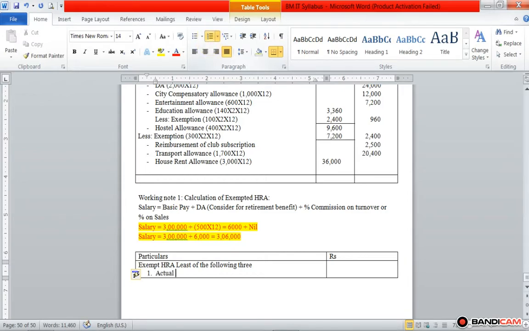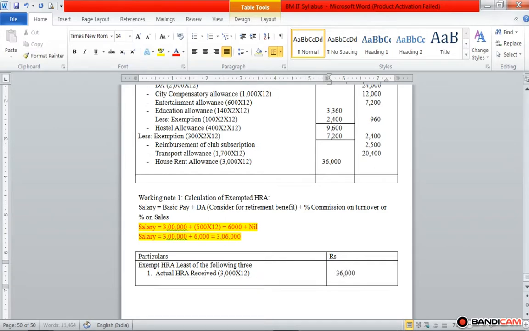Actual HRA means house rent allowance received. So actual HRA received is 3,000 multiplied by 12, amounting to rupees 36,000.